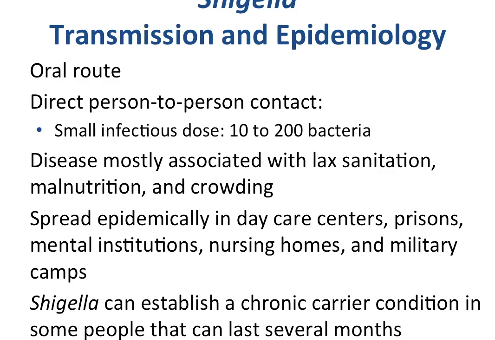So Shigella can occur with chronic malnutrition and lax sanitation. It can spread in daycare, prison, nursing homes, and military camps.